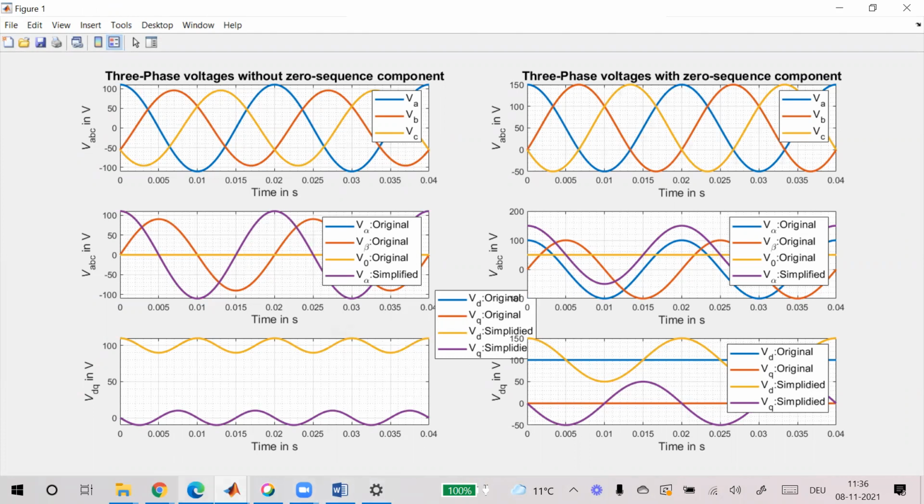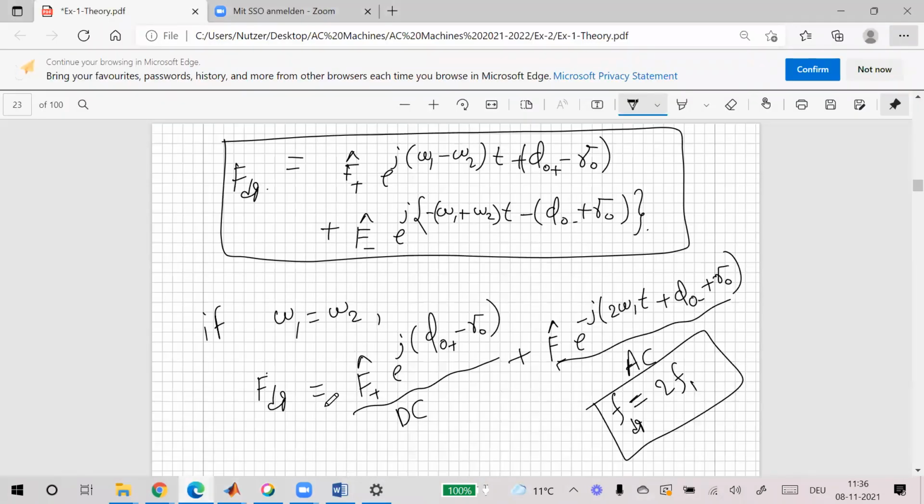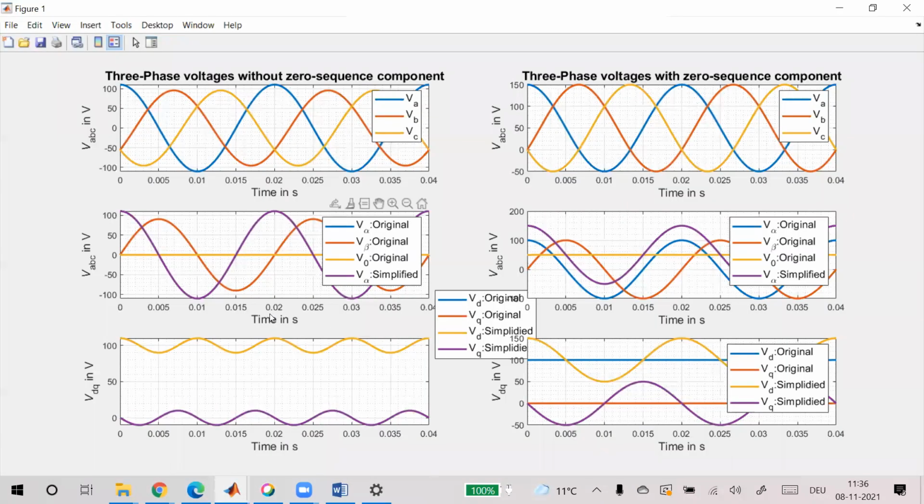We just saw that this term makes DC. So your positive sequence makes DC. I basically mean we get it sinusoidal, not a straight line. So yeah, there is a shift of DC. When you say shift, it means there is DC. Okay. So here you will have both AC and DC.